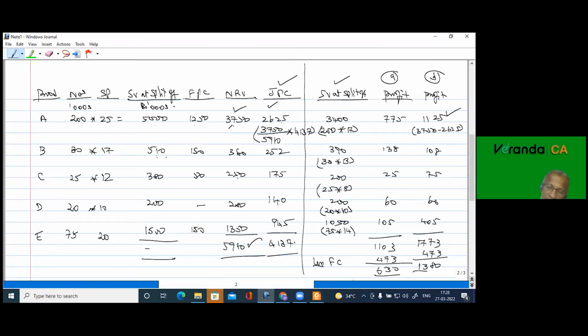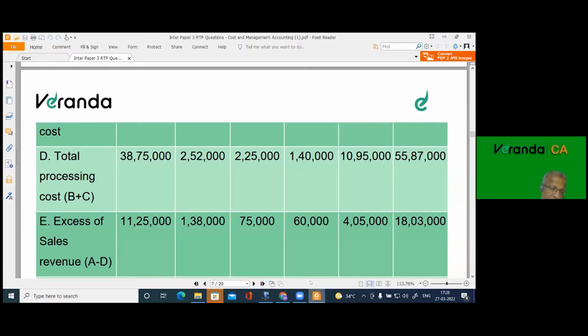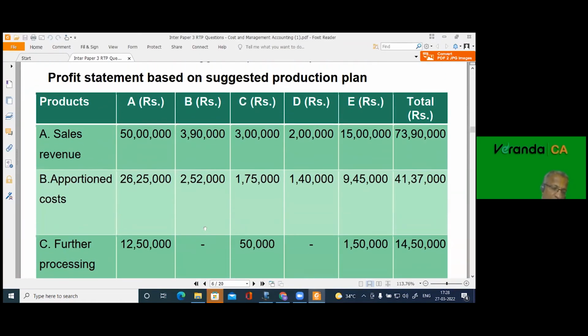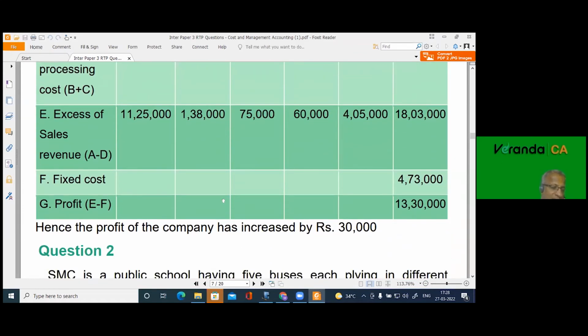138 is. What are the numbers that we have? 390, 252. Excess of sales revenue is 138.